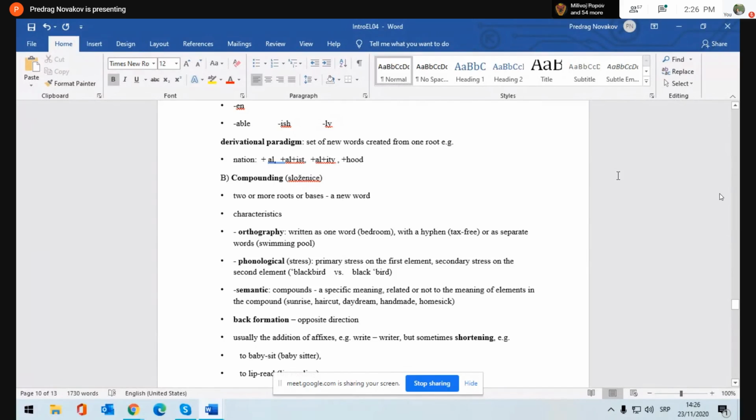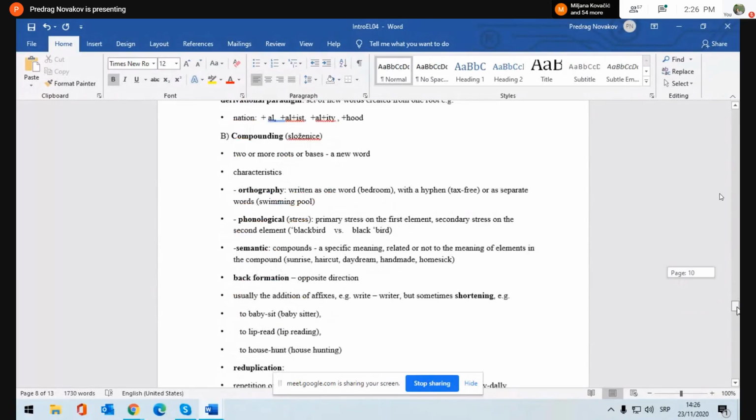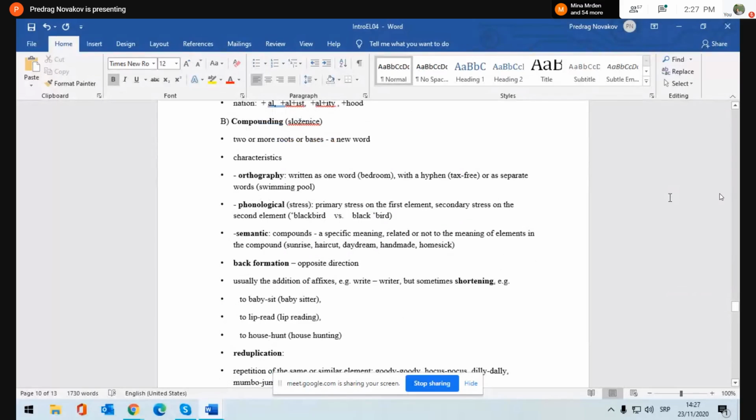This is not too difficult, okay? All right, so this is derivation. You remember, this is our first process. Now we can proceed with compounding. You can see brackets, it means složenica, izgradnja složenica, okay? And I'm sure you know quite a lot about compounds already in Serbian and in English, but let's hear some of the characteristics, okay?